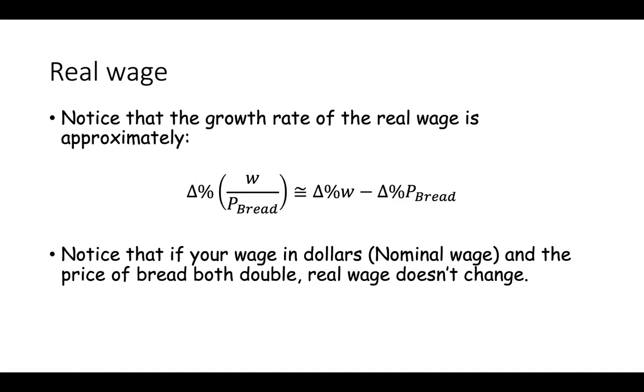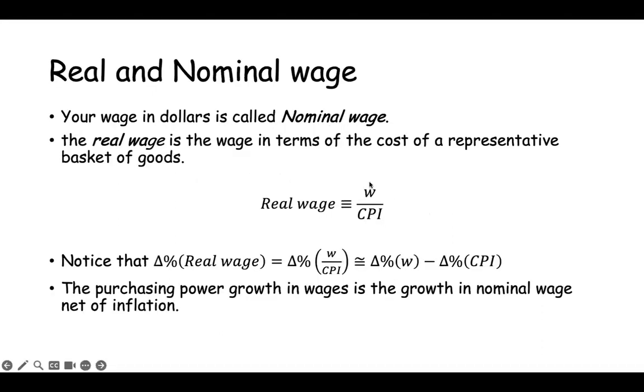Okay. Now, more generally, rather than looking at bread, because maybe sometimes people don't like to just eat bread, we have a more relevant measure of all prices that are relevant. So the real wage we may define as the ratio of the nominal wage and the consumer price index.